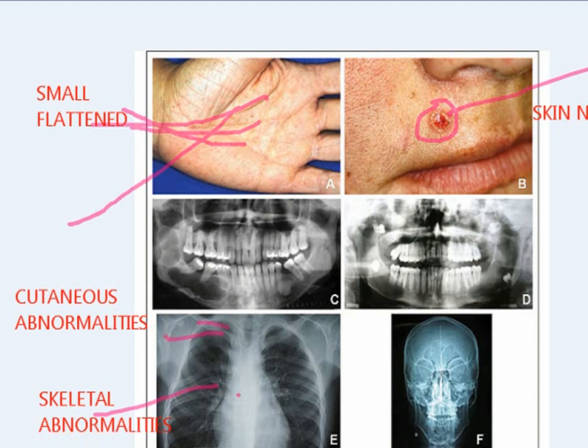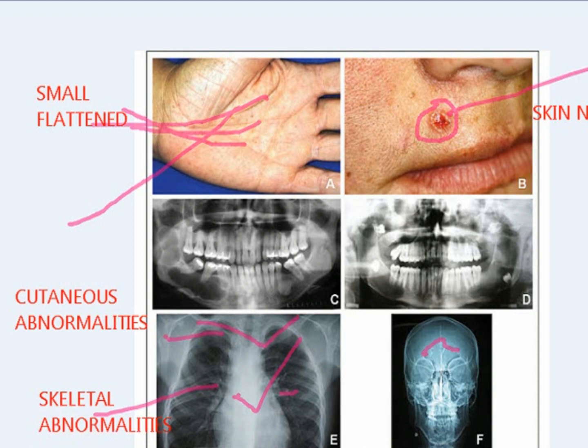Now this chest x-ray represents the bifid rib. There may be synostosis of rib, that is fusion of the ribs, kyphoscoliosis, polydactyly and shortening of metacarpals.